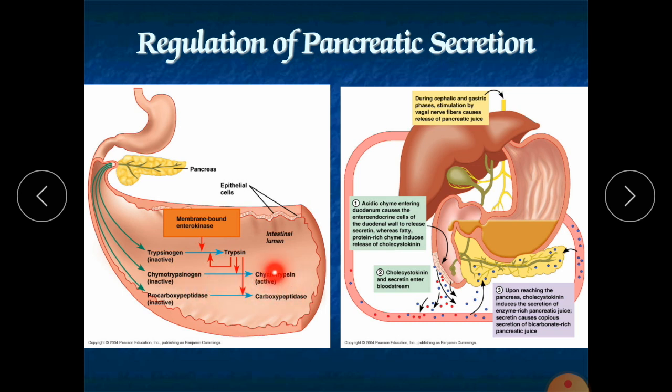This is the active form, and this is also the active form. Whereas the next is procarboxypeptidase, which is in inactive form, and it is converted into carboxypeptidase, the active form. Like that, various forms are changed in the intestine.